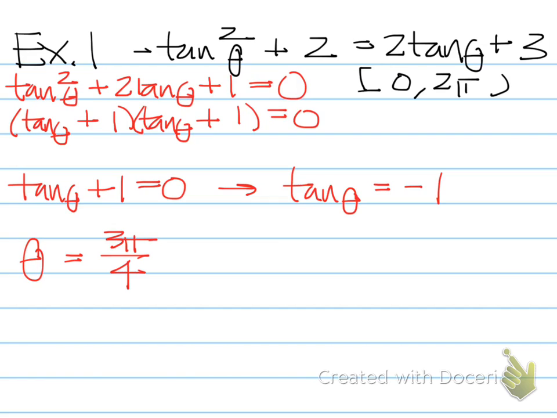So 3 pi over 4 is the angle measure in radians in the second quadrant, and the angle measure in radians in the fourth quadrant would be 7 pi over 4. Those are the 45-degree angles in the second and fourth quadrant.